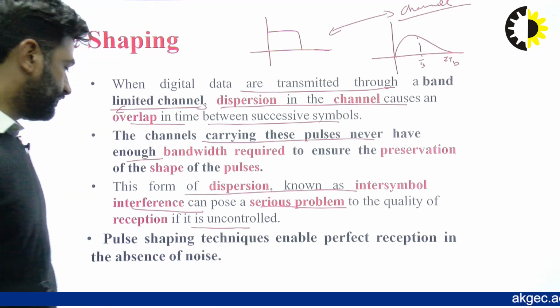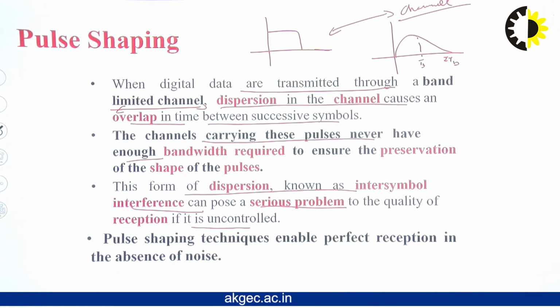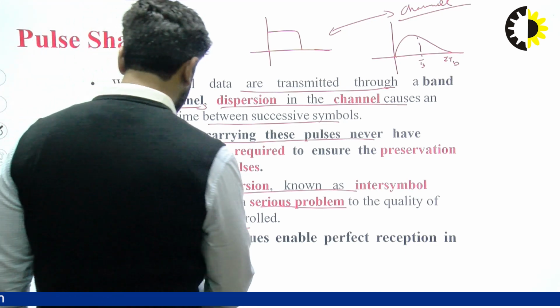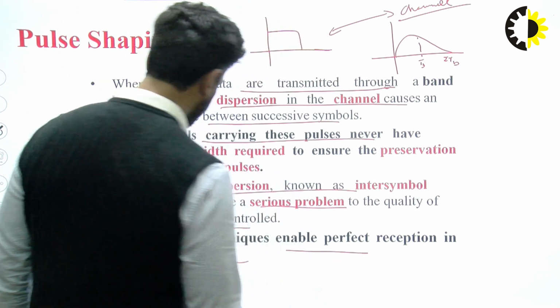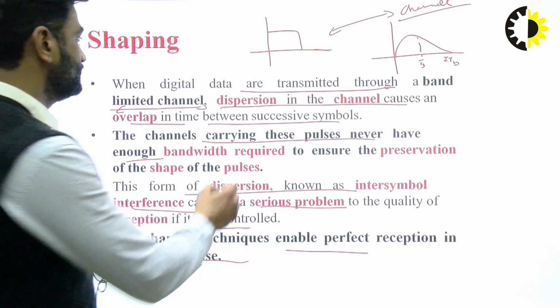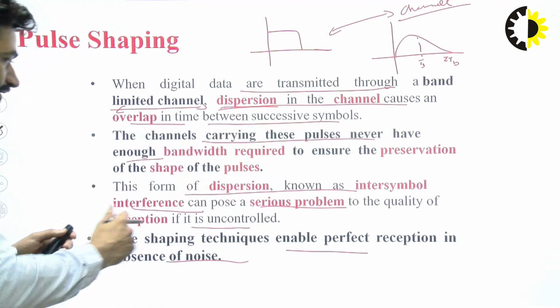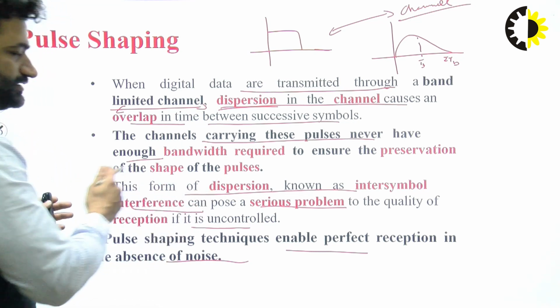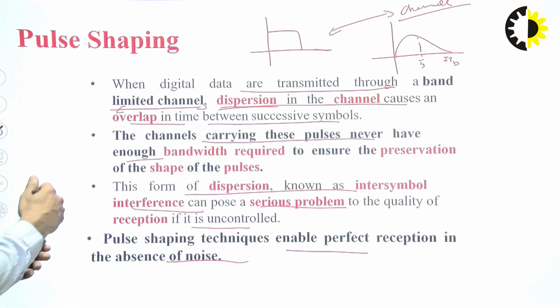The pulse shaping techniques enable perfect reception in the absence of noise. By using pulse shaping techniques we can reduce this ISI problem. ISI is inter-symbol interference, due to the band limited channel our pulse is dispersed from its time period T_B, extending to 2T_B.